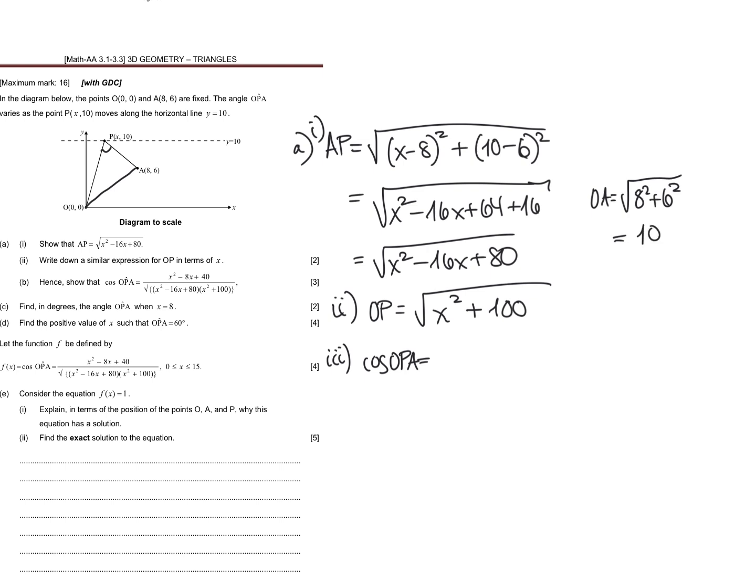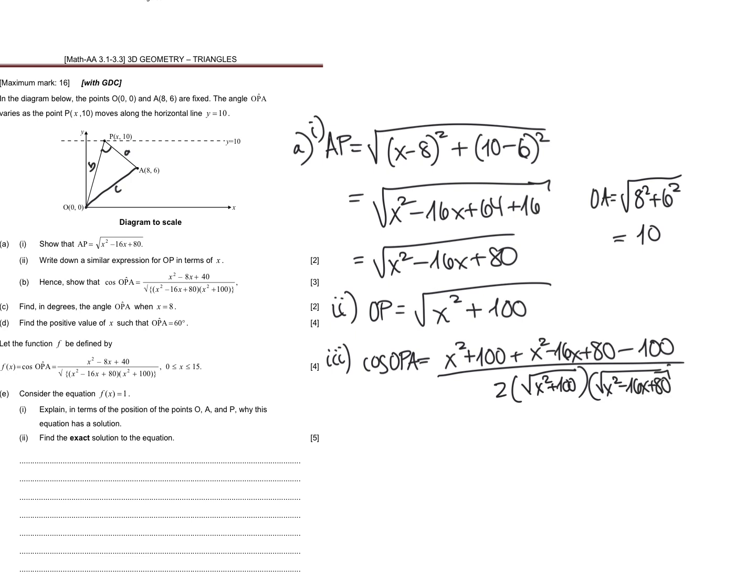So that's C, and this is A and B. So we're going to have A squared, which is x squared plus 100, plus B squared, which is x squared minus 16x plus 80, minus C squared, which is 10 squared, 100, over 2 times root x squared plus 100, root x squared minus 16x plus 80.